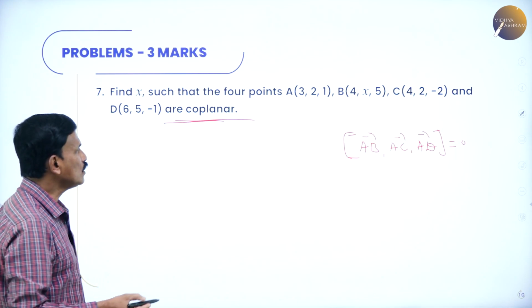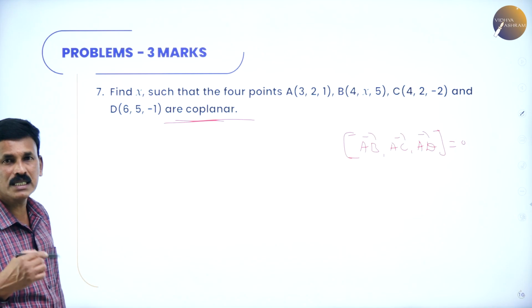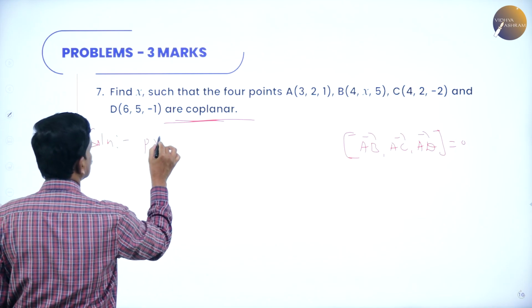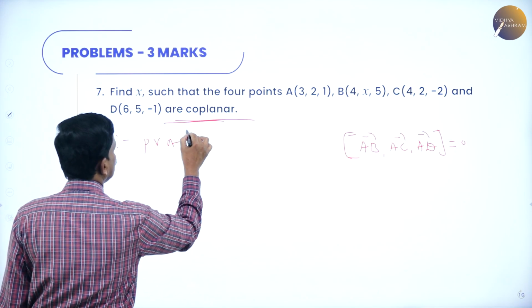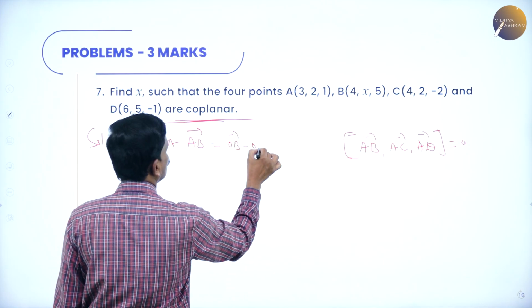That's it. Okay. Now let us find out the position vectors of AB, then AC and AD. Now the position vector of AB is equal to OB minus OA vector.